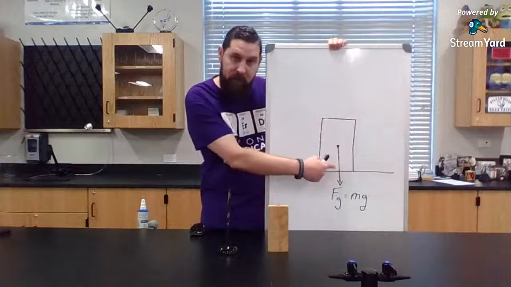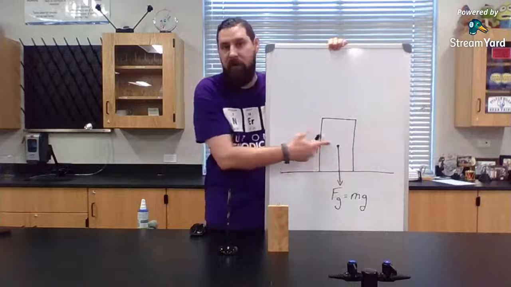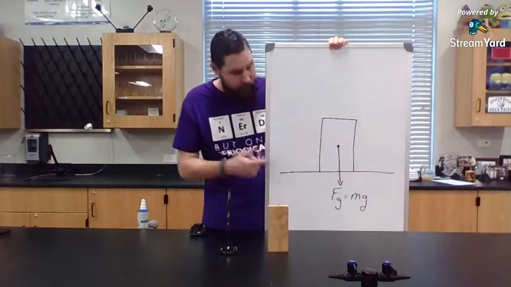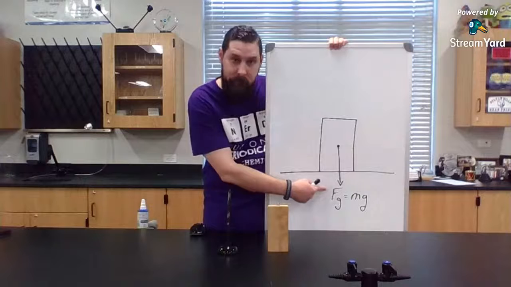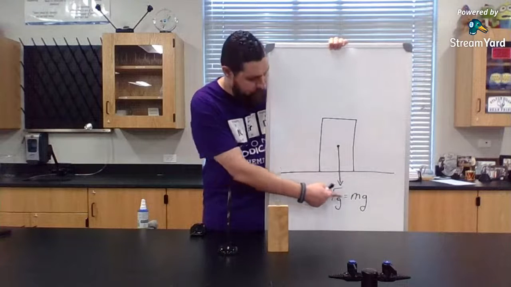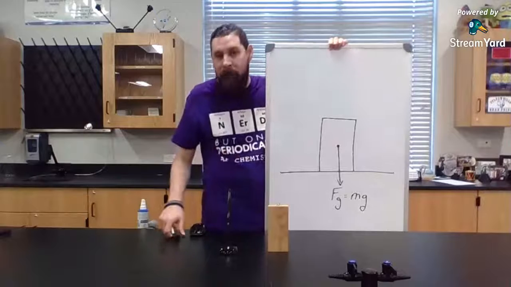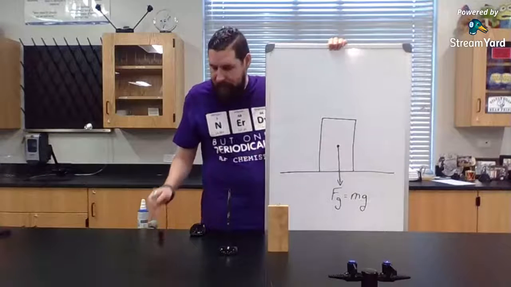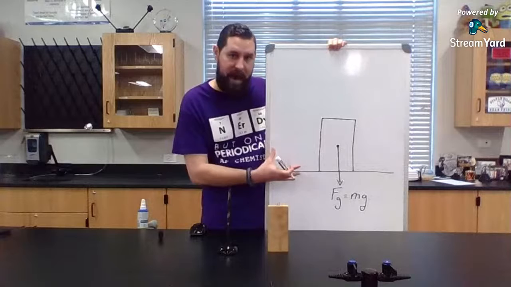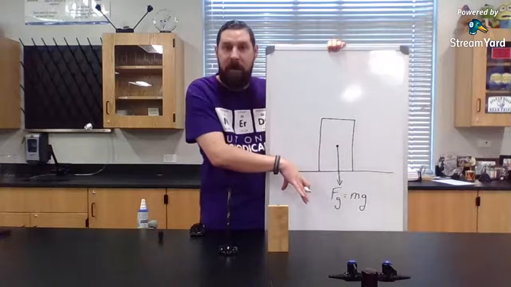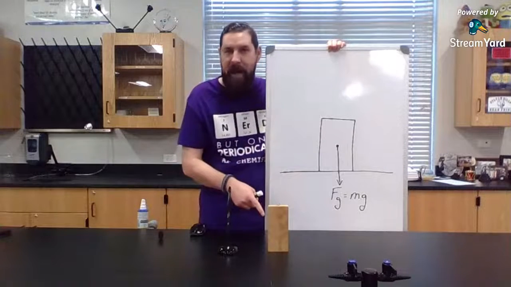We have the box, and then this dot, which is representing the center of mass. And we draw an arrow downwards, and that is our force of gravity, which equals mass times gravity, or again, our weight. Well, looking at this diagram, if that were the only force acting on it, then it would sink down through that table. But we don't see that happening.